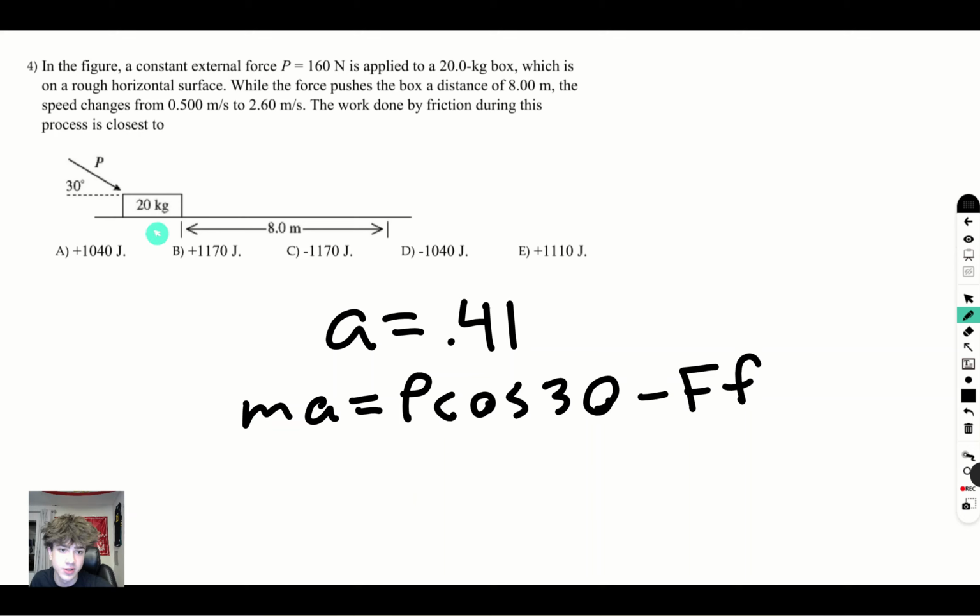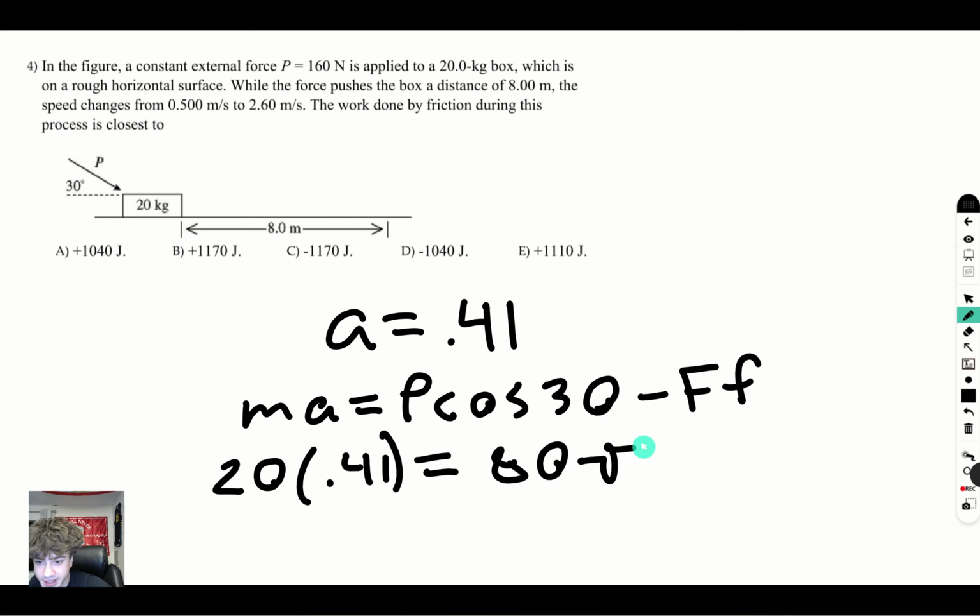Our M is given to us as 20 kilograms. Our A is 0.41. P total is 160. Cosine of 30 degrees is going to be root 3 over 2. So we get 80 root 3 by multiplying 160 by root 3 over 2. That is equal to the frictional force. So now let's do these calculations to get our value of frictional force. 20 times 0.41 is going to give us 8.2.